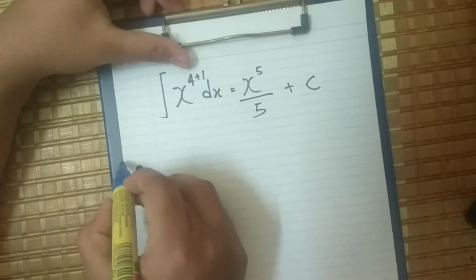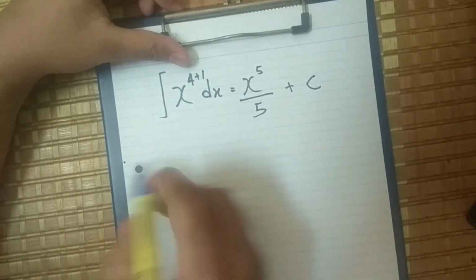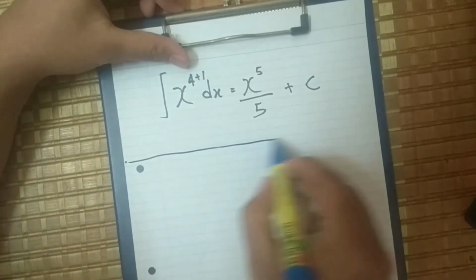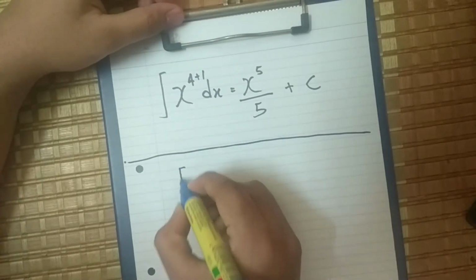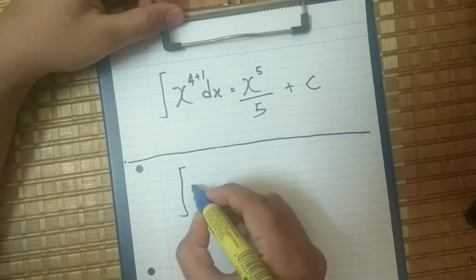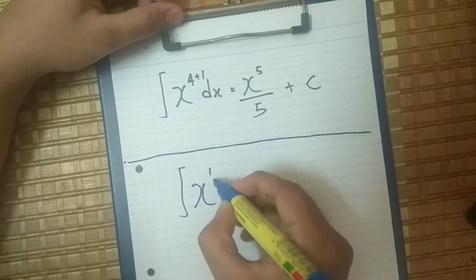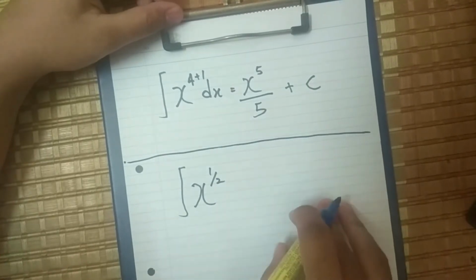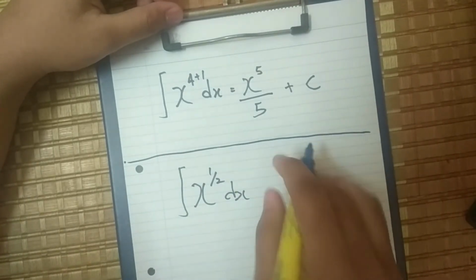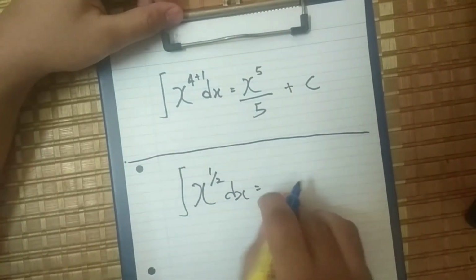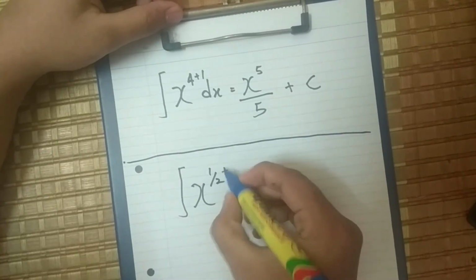Okay, so this is the next type of problem, when we're dealing with a fraction. As an example, when we're dealing with x to the power of 1 over 2 dx, how do we solve it? Same as previously, we add 1.